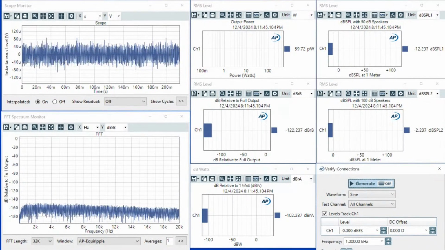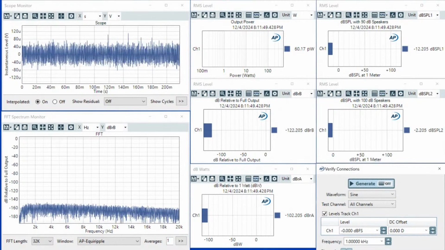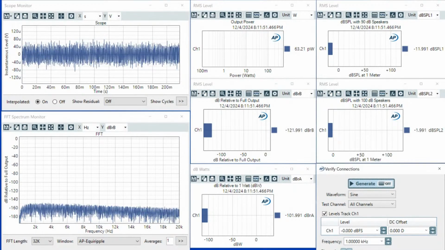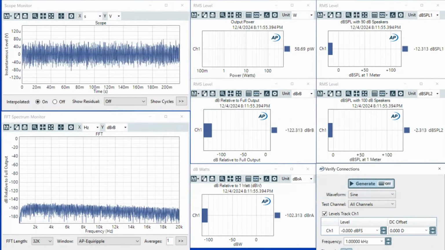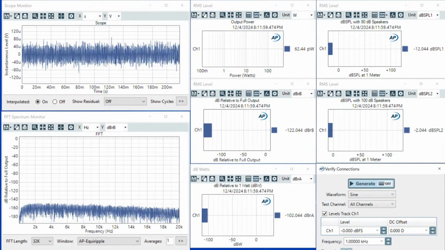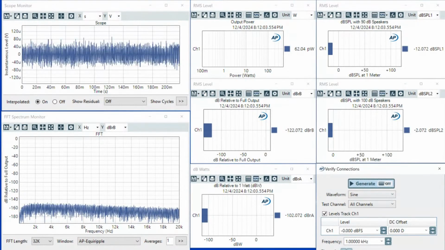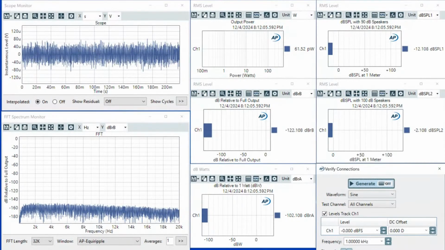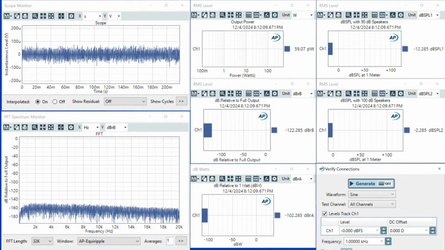The noise level coming out of the amplifier is 122 dB below the peak level. That's due to the noise of the DAC. That's the signal to noise ratio of the DAC when it's running at a volume setting of -2 dB.